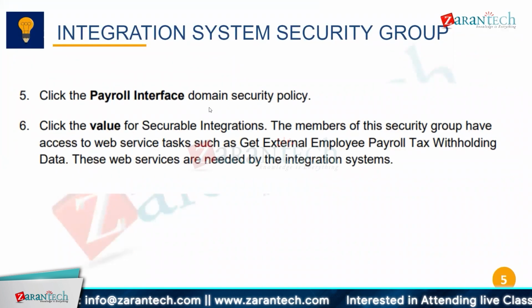The value of securable integration. The members of these security groups have access to web services such as get external employee payroll data, tax withholding data. These web services are needed by the integration systems. Payroll interface domain security policies.